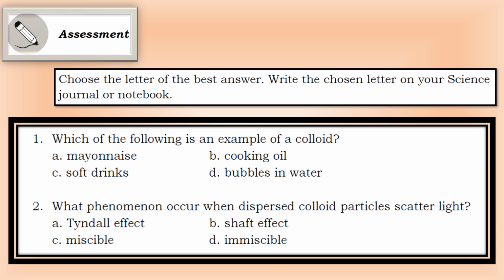Number 1, which of the following is an example of a colloid? A. Mayonnaise. B. Cooking oil. C. Soft drinks. D. Bubbles in water. Number 2, what phenomenon occur when dispersed colloid particles scatter light? A. Tyndall Effect. B. Shaft Effect.